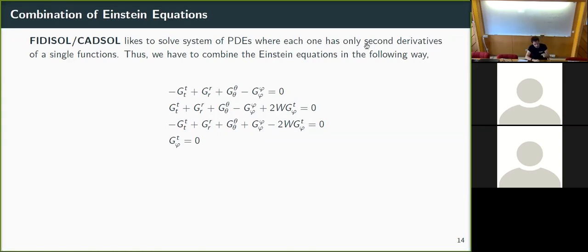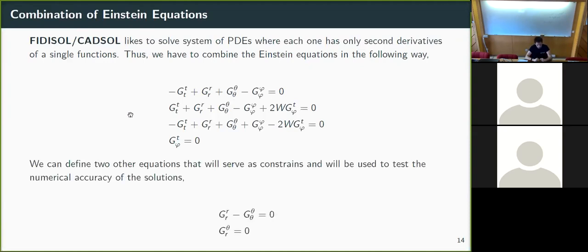So for example, for the first equation, it wants only the second derivatives of the f1 function, the second one for f2, the third for f0, and the fourth for w. So you have to do a combination of these Einstein equations. You can do this in this way, and that will give you exactly what CADSOL wants.